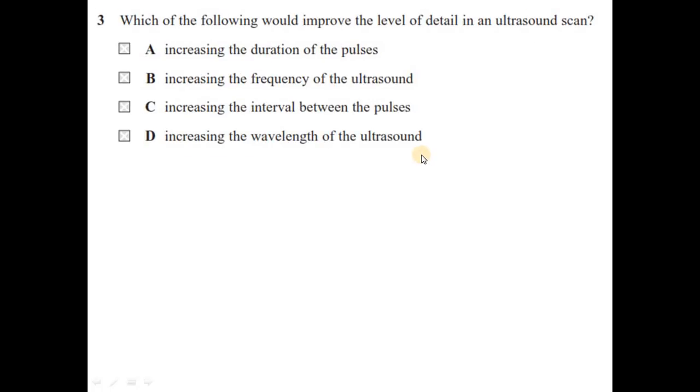Question number 3. Which of the following would improve the level of detail in ultrasound scan? Detail of ultrasound scan all depends on energy, and energy depends on frequency. So the duration of pulses or the time interval between the pulses doesn't affect the detail.